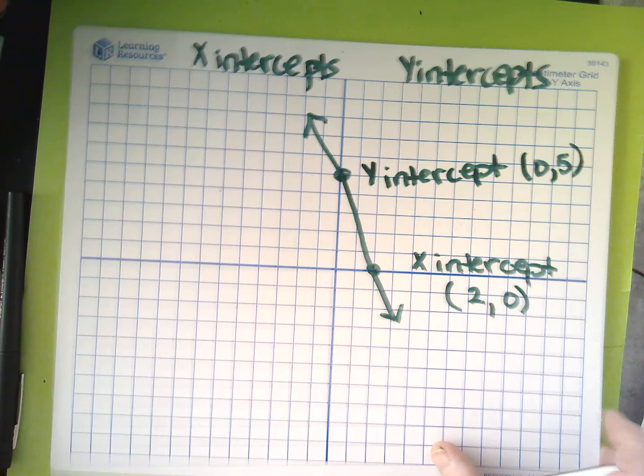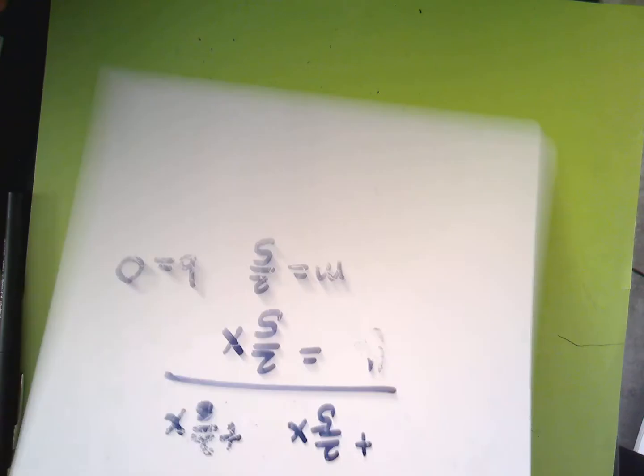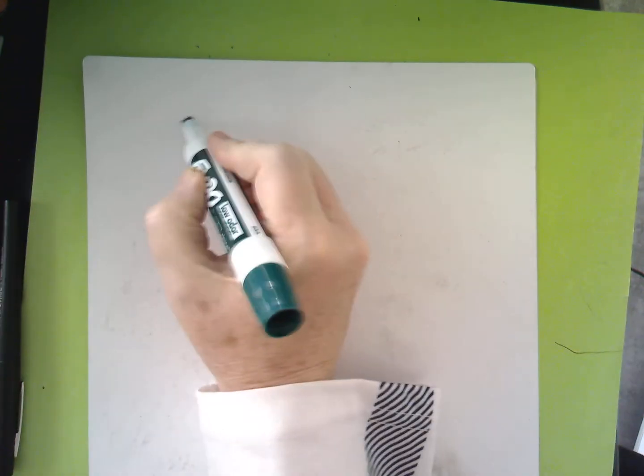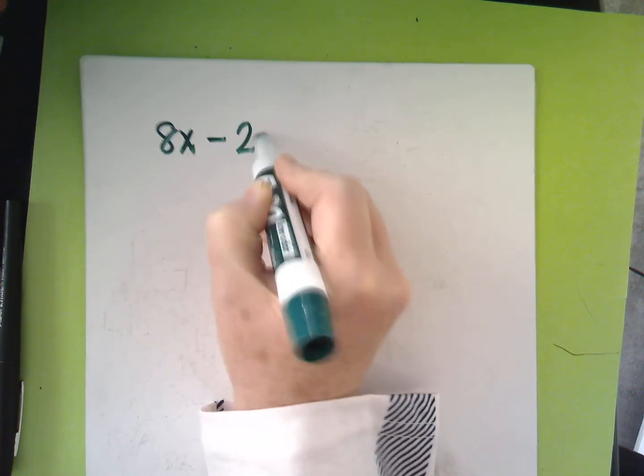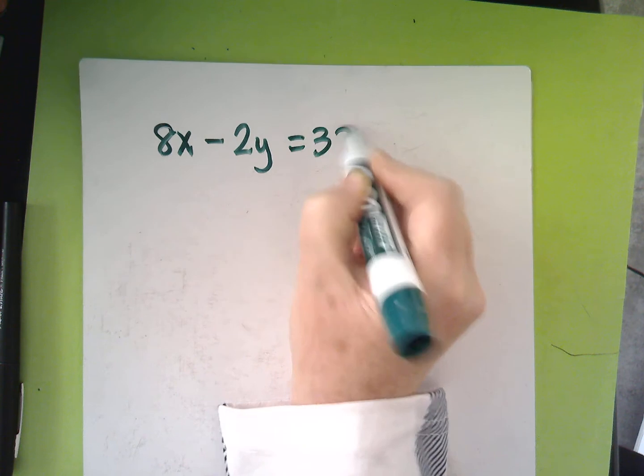Now we're going to start by finding them from an equation. If you have an equation such as 8x minus 2y equals 32.